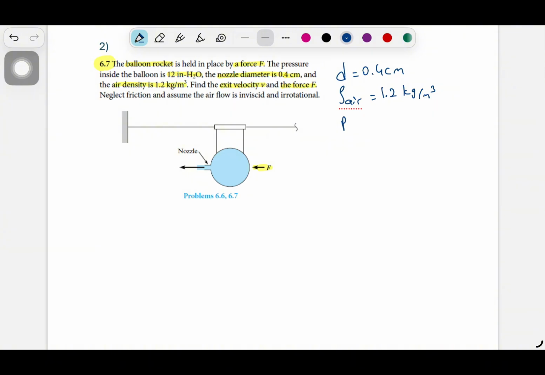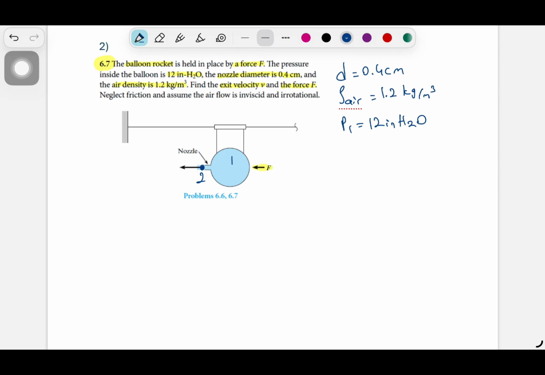So we can say this is point 1 and this exit is point 2, because the question wants us to find the exit velocity and the force. So we need to create a relationship between inside of the balloon and outside of the balloon, the exit of the balloon. So that we have 2. Inside of the balloon, the pressure is 12 inches of water column.